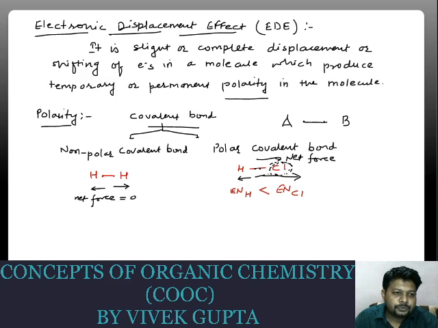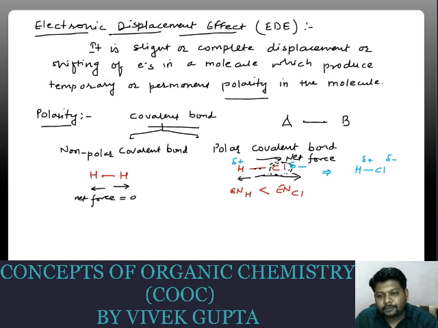The effect of this will be that chlorine will get a partial negative charge and hydrogen will gain a partial positive charge. Means we can represent this molecule in this way. So hydrogen will acquire a partial positive charge and chlorine will acquire a partial negative charge.